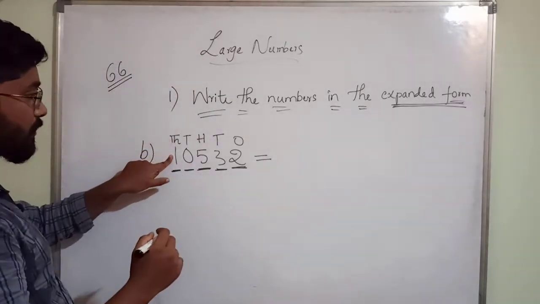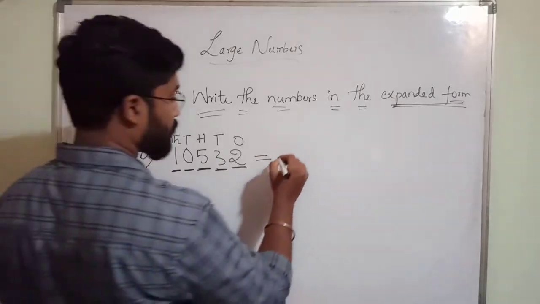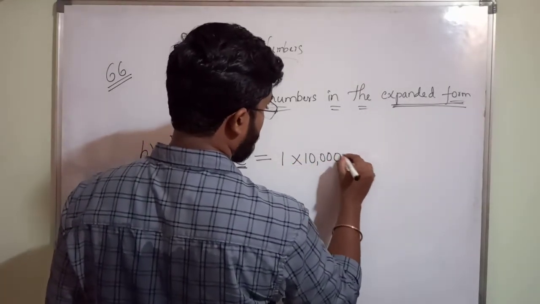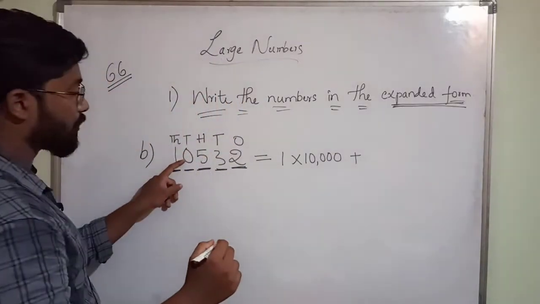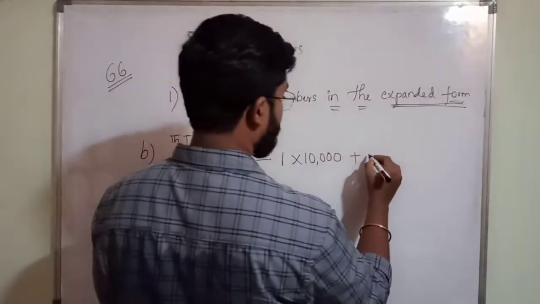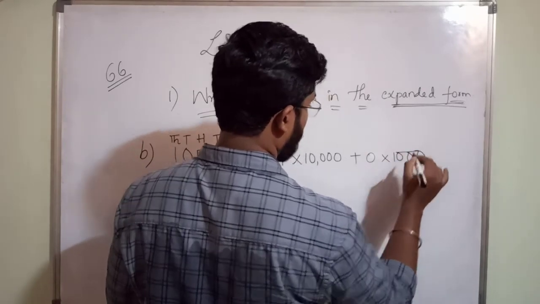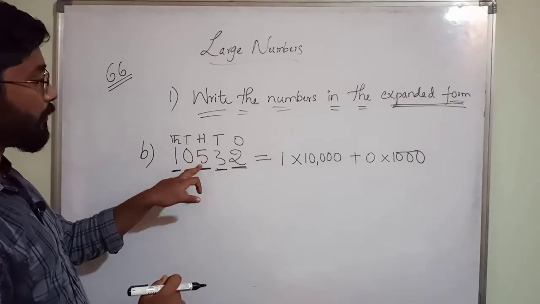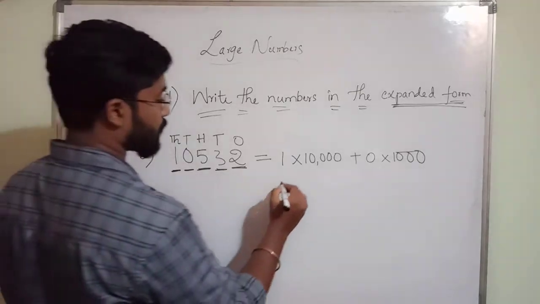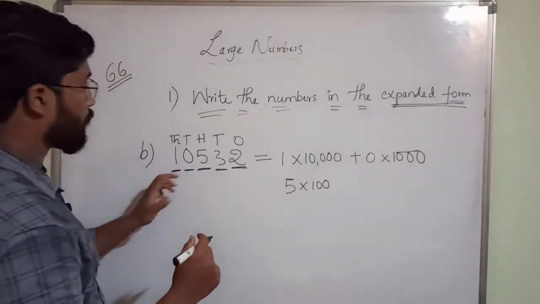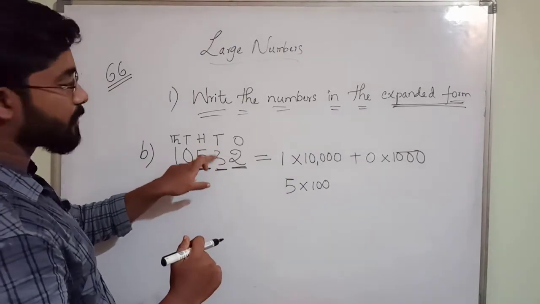1 is in which place? 10,000s place. 1 into 10,000, plus 0 in which place? Thousands place. 0 into 1000. Okay. 5 is in which place? Hundreds place. 5 into 100. 3 is in which place?